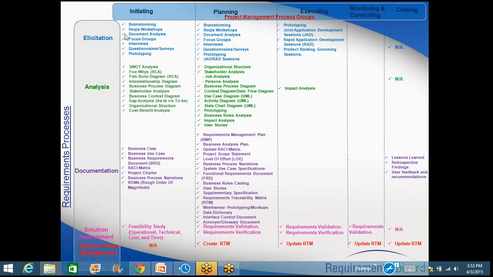And I've also read the PMI's body of knowledge. So based on these two bodies of knowledge, I have mapped the PM processes with the requirements processes. So if you know all of these, I'm sure you not only can be a successful BA, but you can also crack the exam in the first shot.